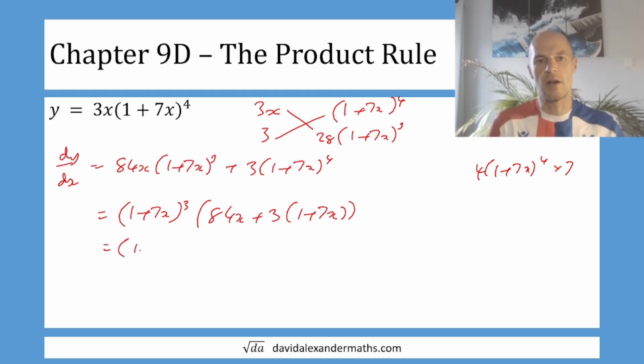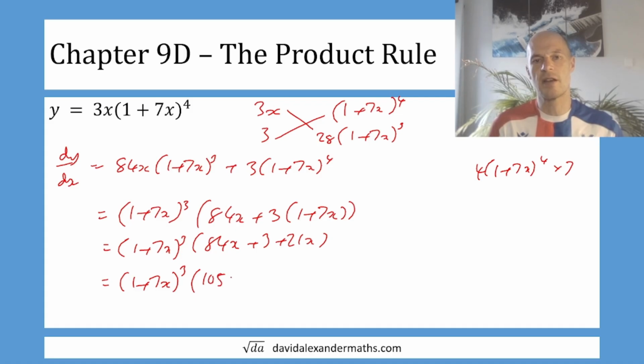And of course that is (1 plus 7x) cubed, lots of 84x plus 3 plus 21x, which is (1 plus 7x) cubed, 84x plus 21x is 105x plus 3. So in an exam they might insist on it being written in this format, but if you're using the derivative, then it's perfectly acceptable to use any of these equations that I've written down.